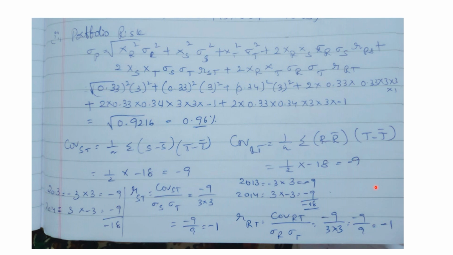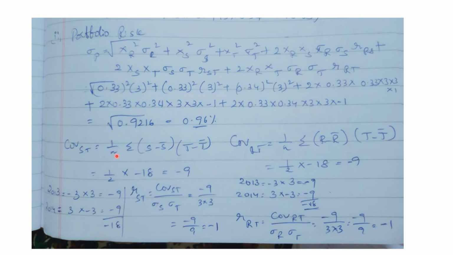So here, in the previous slide I have not given the covariance for ST and RT; we have not found it out. So for ST and RT, you have to find out the covariance, and then the coefficient of correlation.